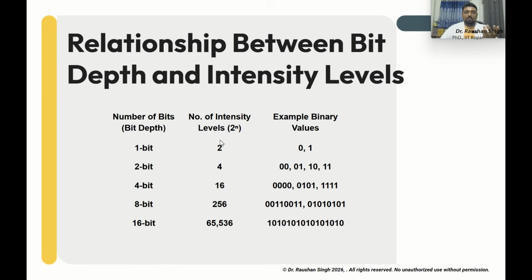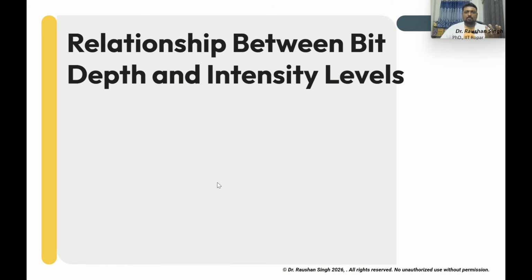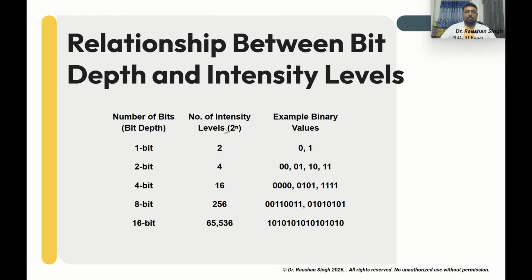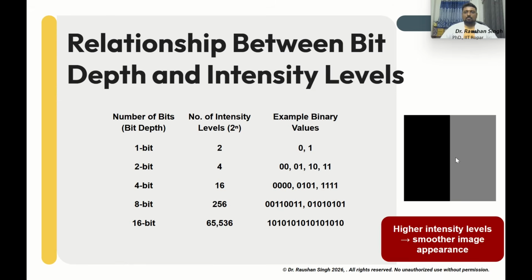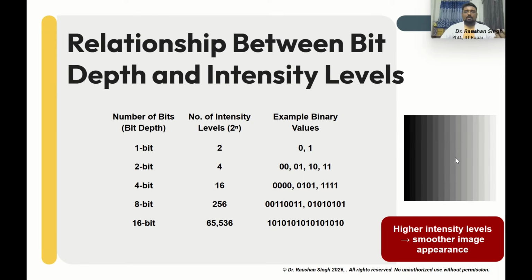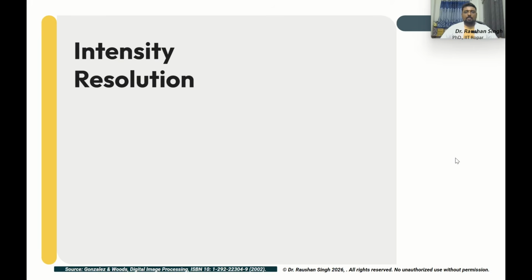You can see that intensity levels are 2, intensity levels are 4. The same thing is given in the tabular column. When the number of intensity levels increases, the clarity of the image also increases really well. High intensity level equals smoother image appearance.